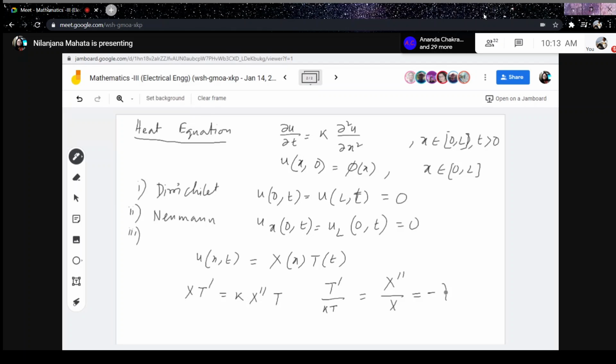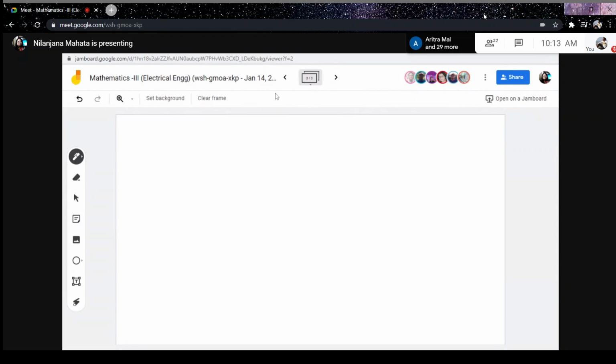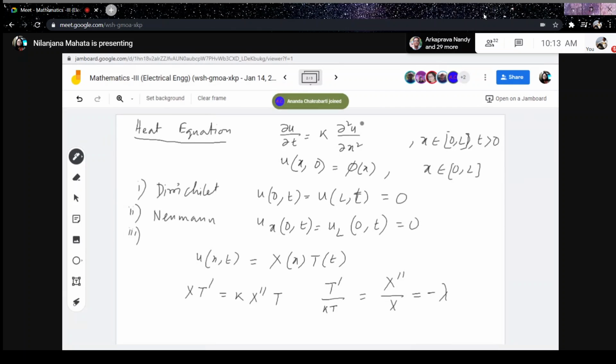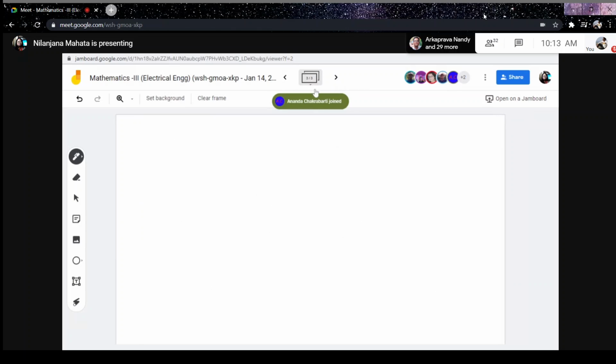This is my choice, you can write it even plus or anything. So the first equation will be T dash plus lambda kT is equal to 0, and X double dash plus lambda X is equal to 0.